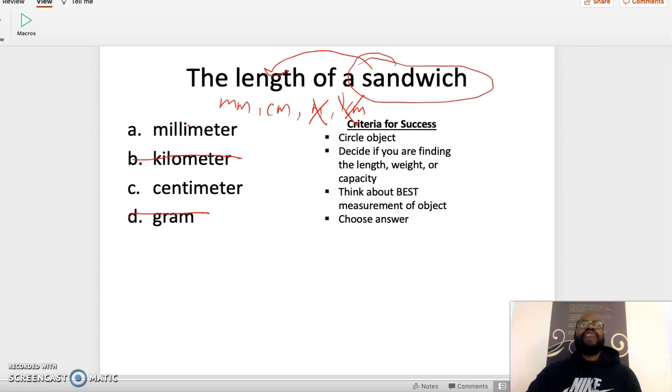Thinking about trying to measure the length of a sandwich with the size of a sharpened pencil, that's a little too small. Centimeters makes the most sense because I could use my finger and then measure how many of my fingernail lengths that sandwich is. So for number 1, we are going to choose centimeter.